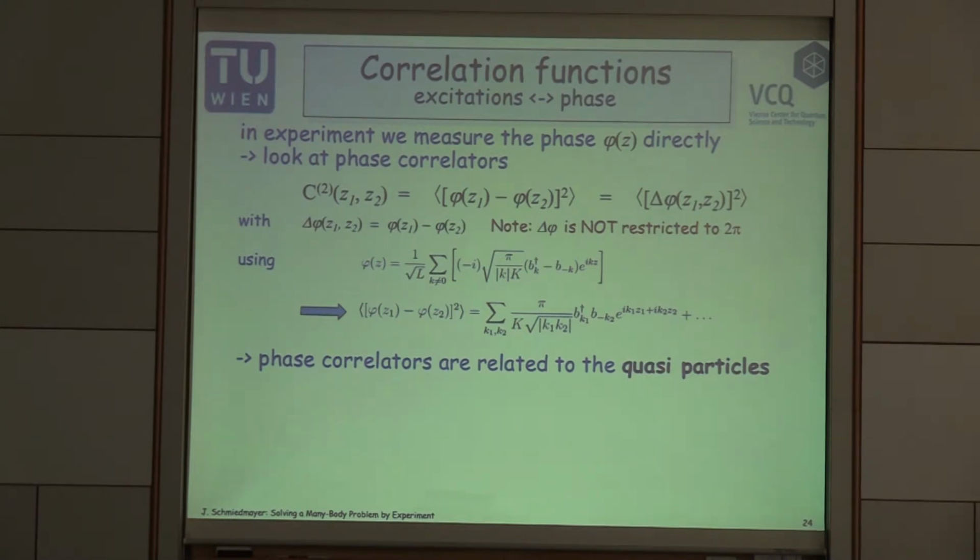Here I have to care about the 2 pi's. But then you can show that when you neglect the density fluctuations, these correlators are related to the creation and annihilation operators of my excitations in the system. So basically I have my quantum field, which would be without the excitations at temperature T equals 0, and so basically by measuring the phi correlators, you measure directly the excitations of the system.